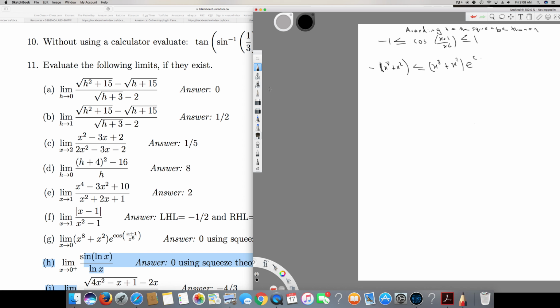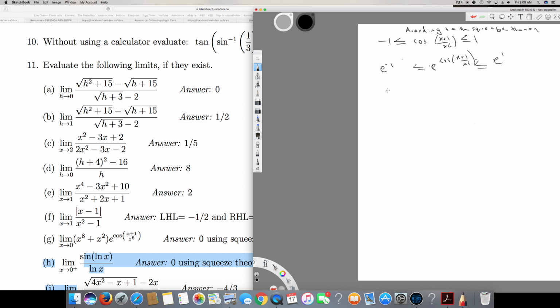Wait a minute. So if this is true, then e to the power of negative 1 is less than e to the power of cos of (x plus 1 over x to the power of 6), and this is less than e to the power of 1.